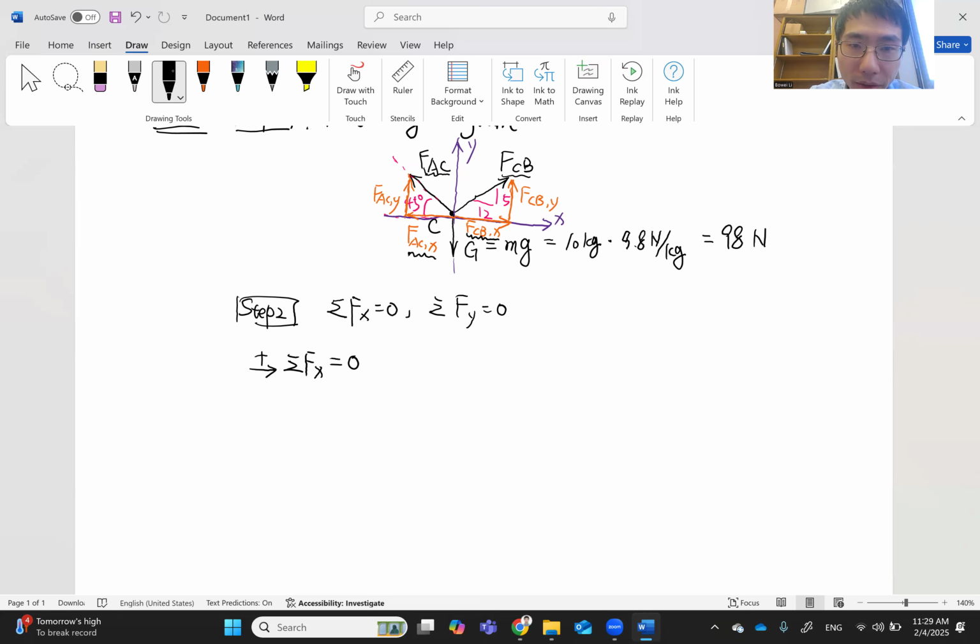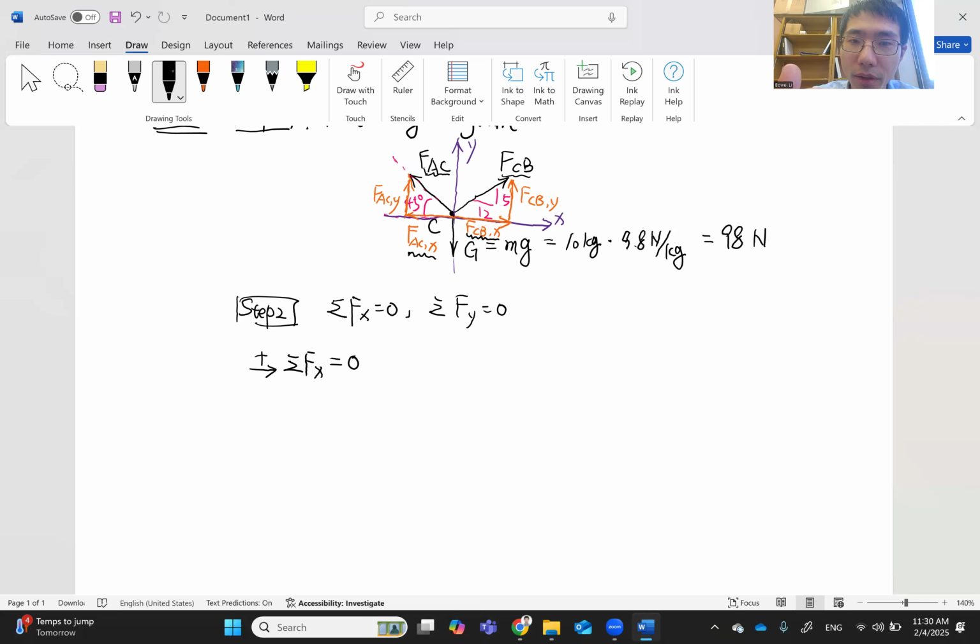For FACX, how can we find that out? According to what we learned in the previous class, we see that it belongs to a right angle triangle where we have the angle that defines the direction of FAC, which is 45 degrees here.